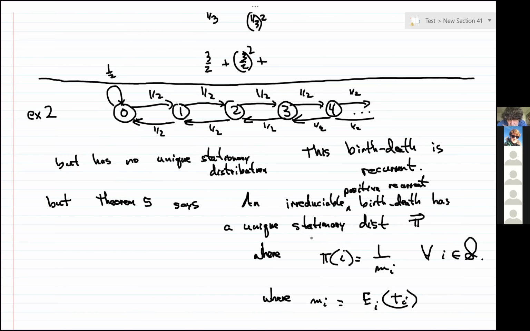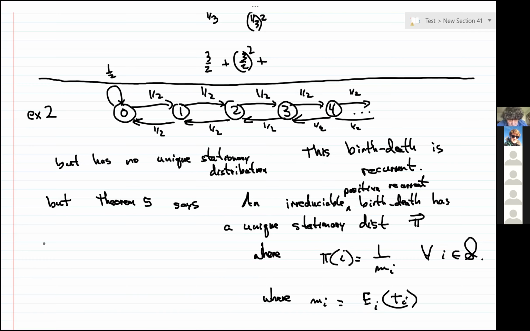This theorem would give us a unique stationary distribution. What we did today says there is no unique stationary distribution. So what must be the case is the states are not positive recurrent. You know, it is irreducible, so the missing condition is this.